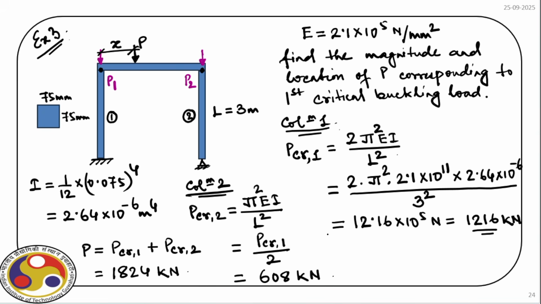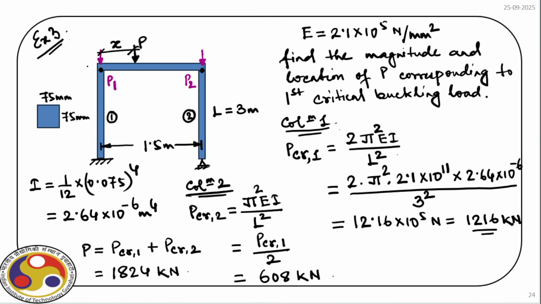Now, the distance between the columns, so this distance, say 1.5 meter. So now we can find out x by applying moment equilibrium.